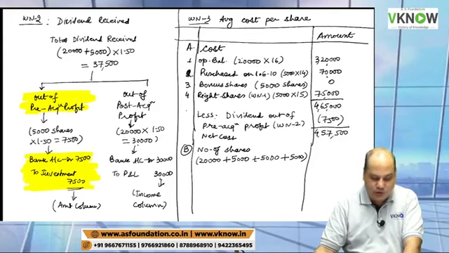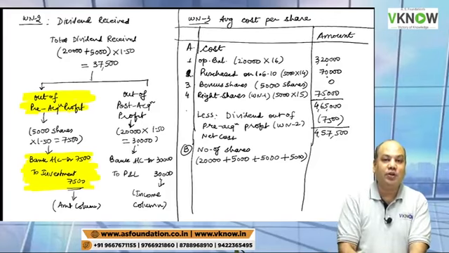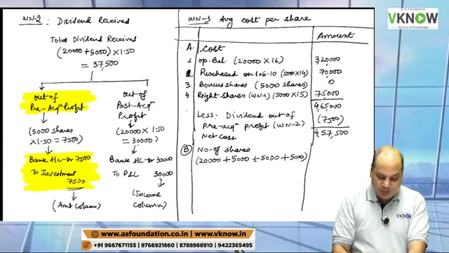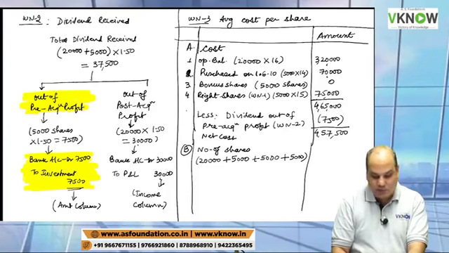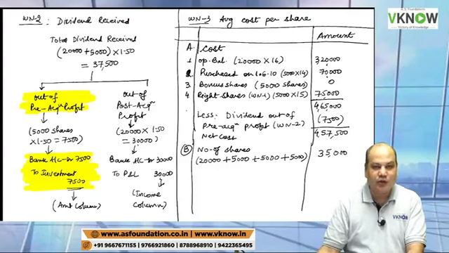Total number of shares: 20 plus 5 plus 5 plus 5. So are you getting 35,000? Yes or no?